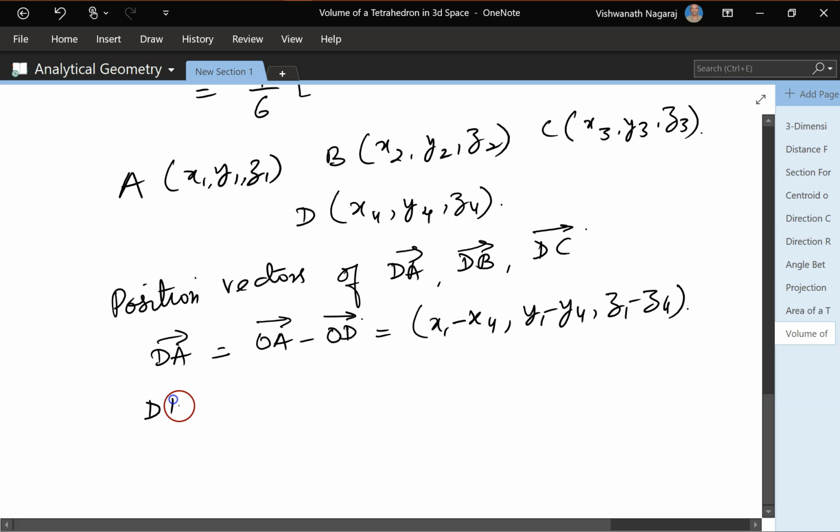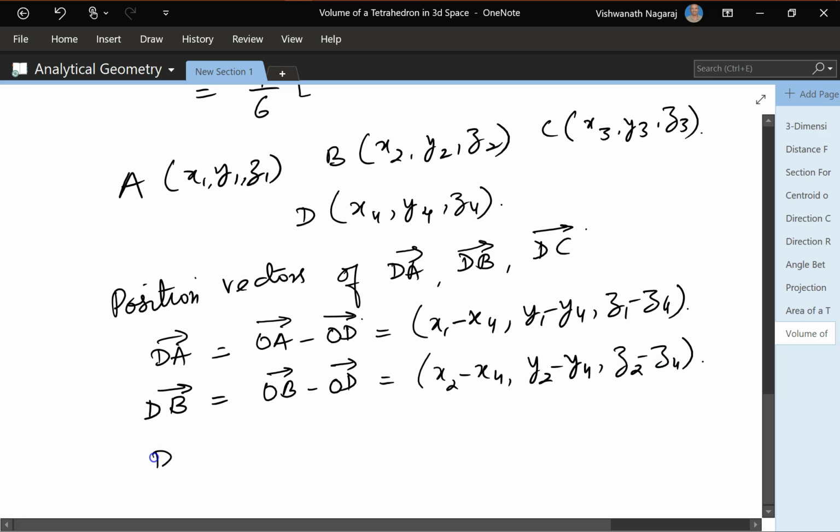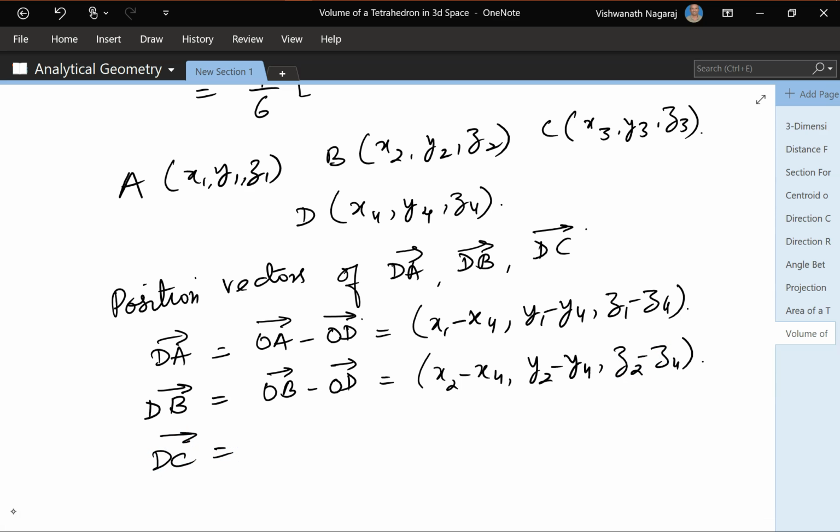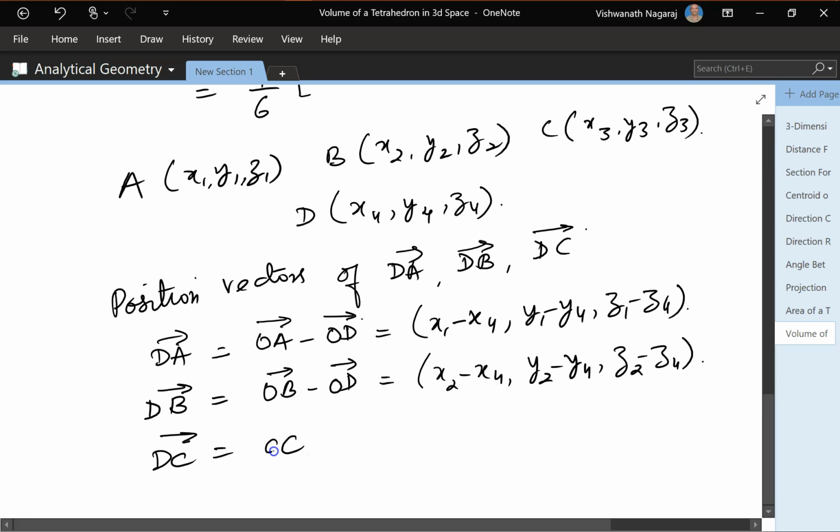DB would be OB minus OD, which would be x2 minus x4, y2 minus y4 and z2 minus z4. And DC would be OC minus OD, which would be x3 minus x4, y3 minus y4, z3 minus z4.